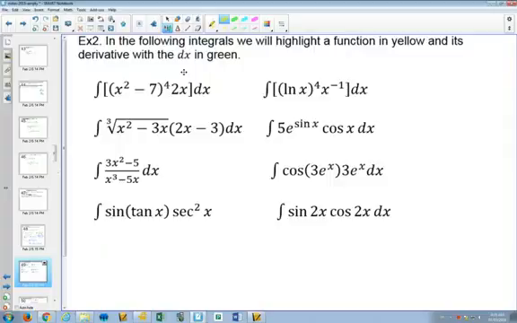We're going to look for where in an integral is an original function. Basically, we're looking for that inside function and its derivative at the same time. So here in this first one, x squared minus 7 is the inside function. And its derivative is 2x.